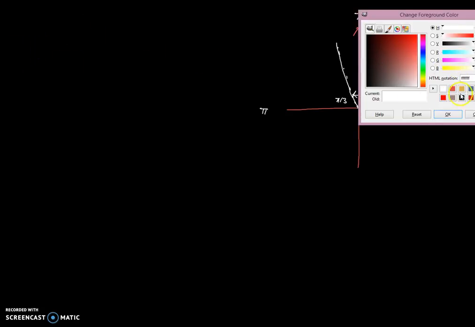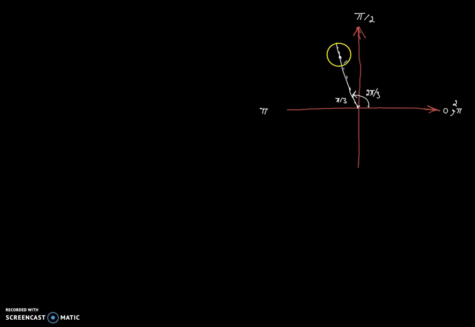What you need to do is just take any point on this terminal side, and then this would be the x value from here to here, which is a negative value, and this would be the y value from here to here, which is a positive value. So this would be x and this would be y.